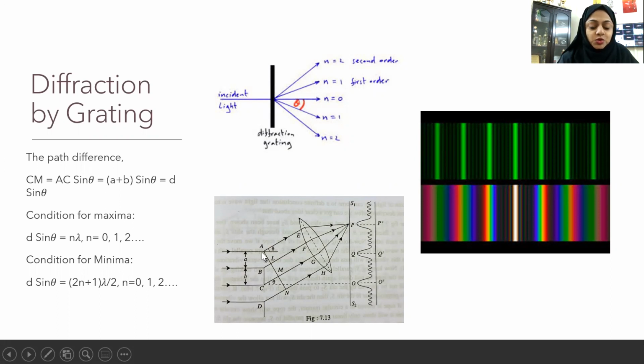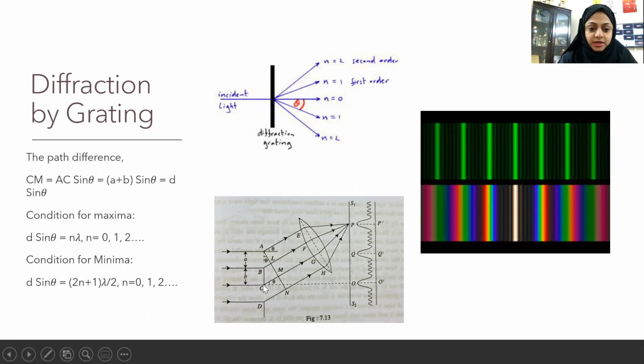Now consider two light rays which come from the points A and C. The light ray goes from A through E, and it is focused on a screen using a convex lens, and it reaches the point P on the screen.